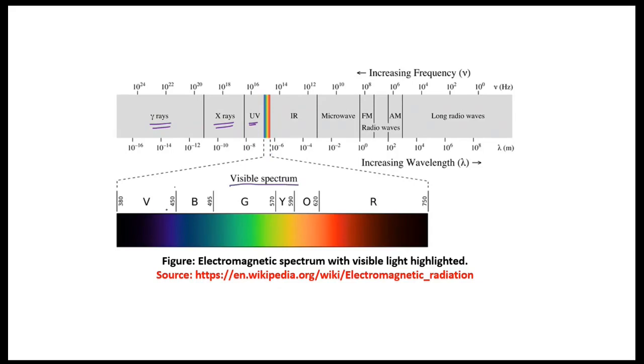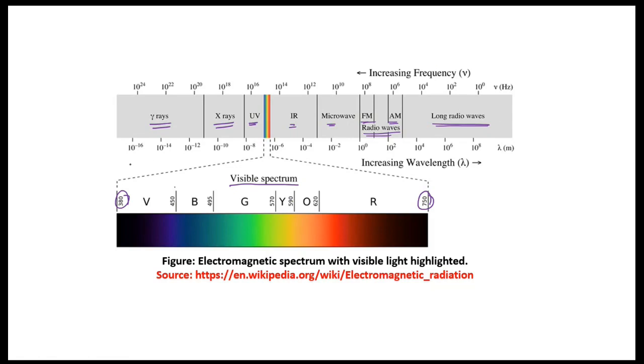Within the visible spectrum, we have the Vibgyor region, which moves from 380 to 750 nanometer wavelength. Then we enter into IR, then microwave, then radio waves. In the radio waves, we have the FM and AM ranges, frequency modulation and amplitude modulation ranges, and then we have long radio waves.